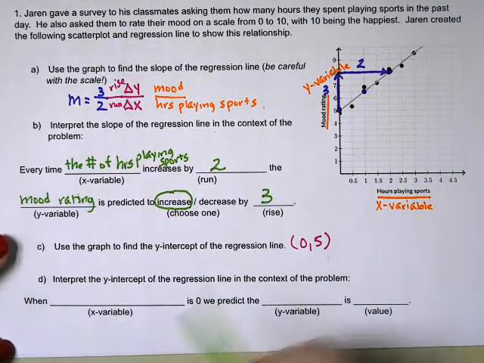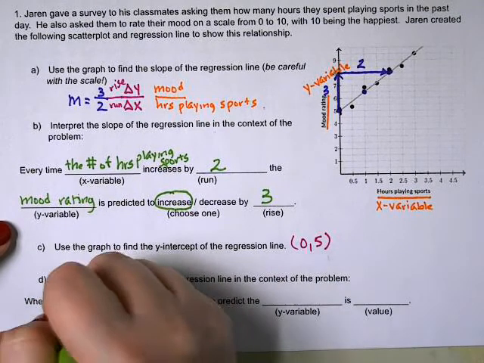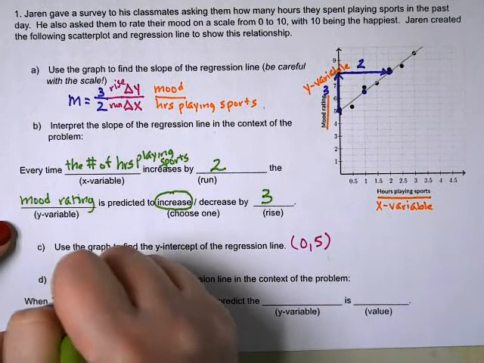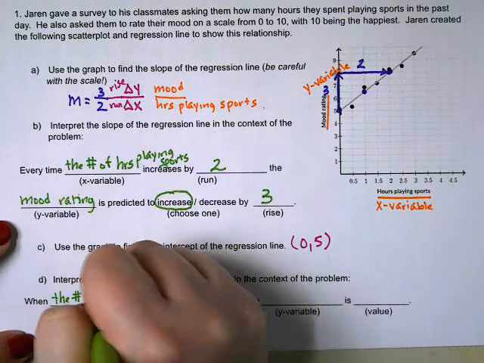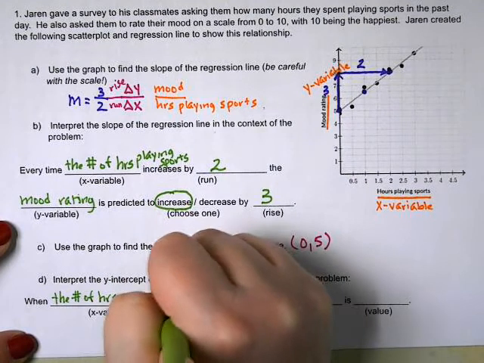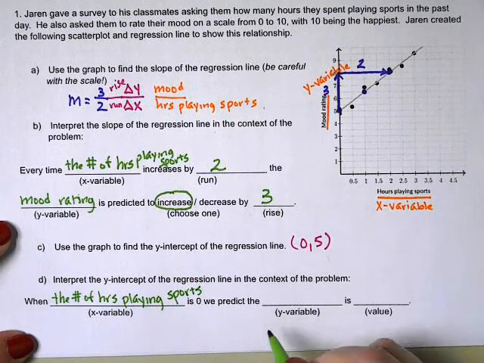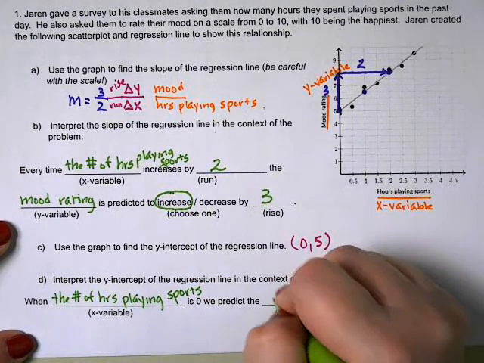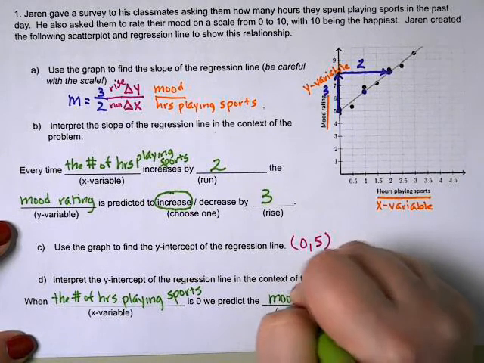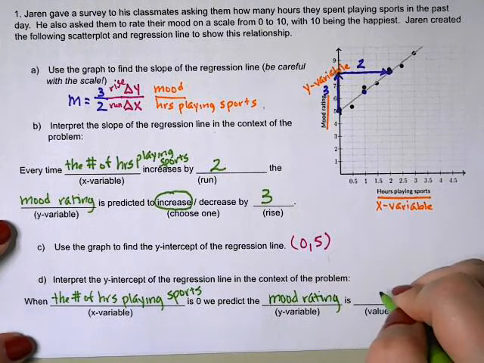So when the x variable, so the number of hours playing sports, is 0, we predict the y variable, which is the mood rating, is what value? 5.